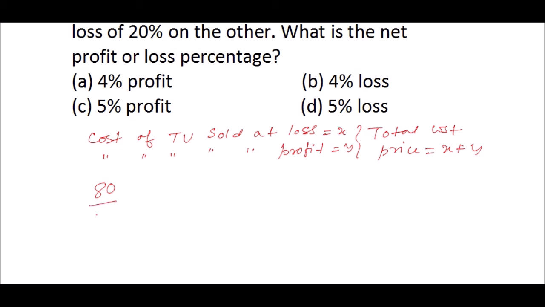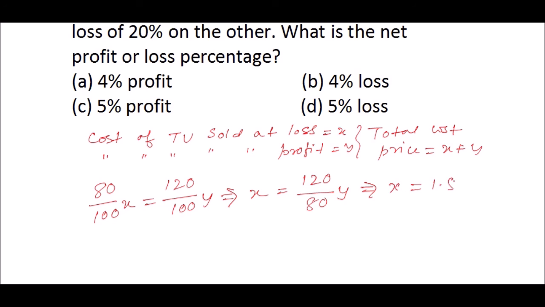Therefore, 80 by 100 into X, and both were sold at the same price, and the other is at a profit, therefore into Y. If you simplify it, you will get X equal to 120 divided by 80 Y, and that gives you X equal to 1.5 of Y.